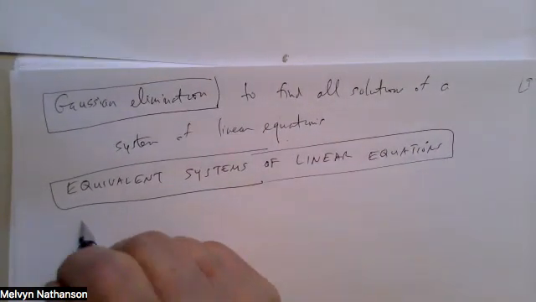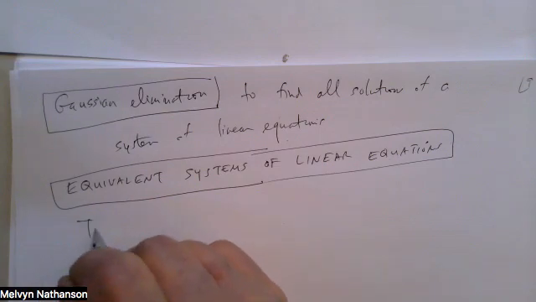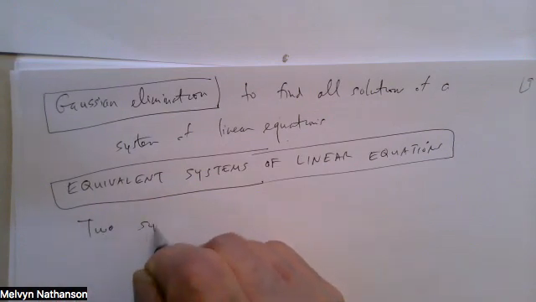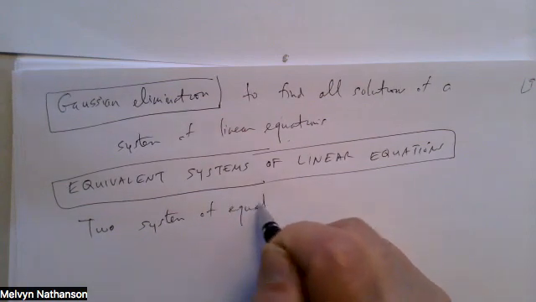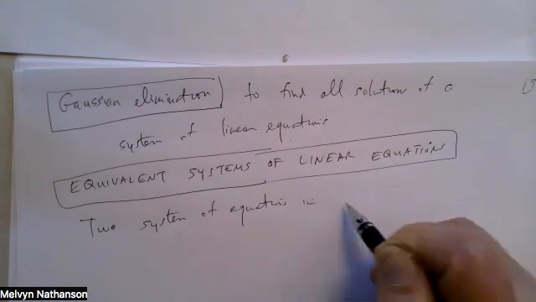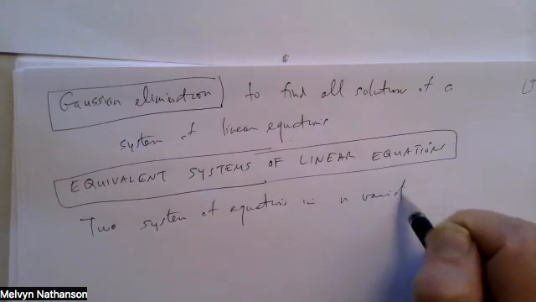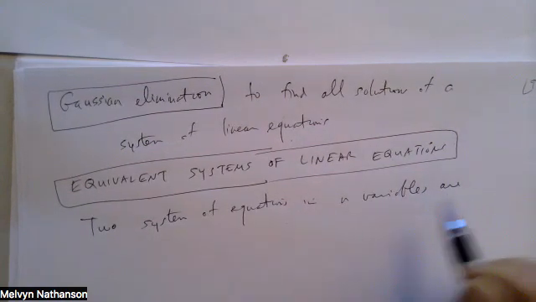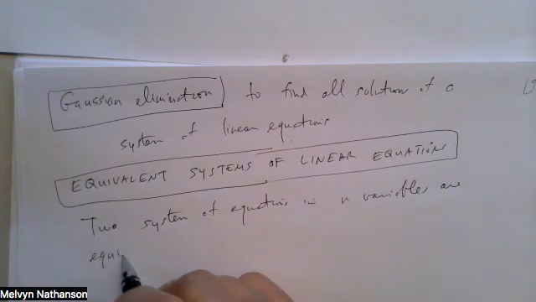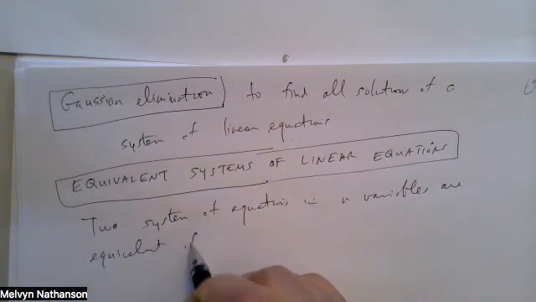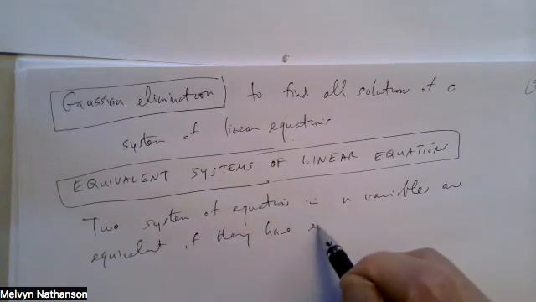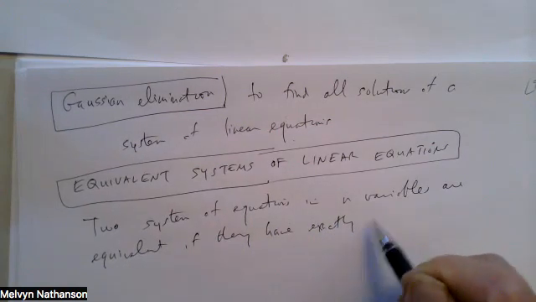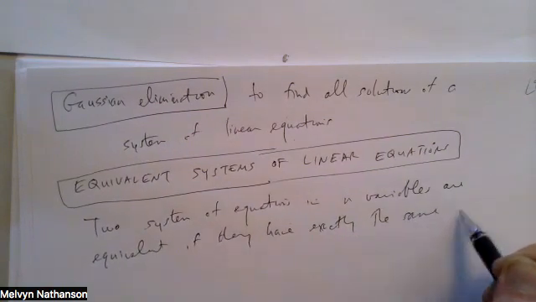So two systems of equations in n variables are equivalent if they have exactly the same solutions.